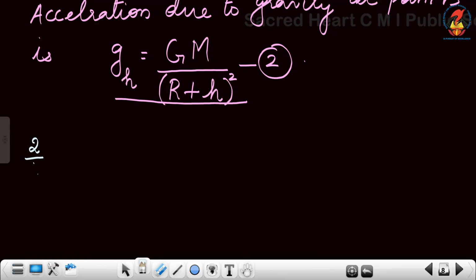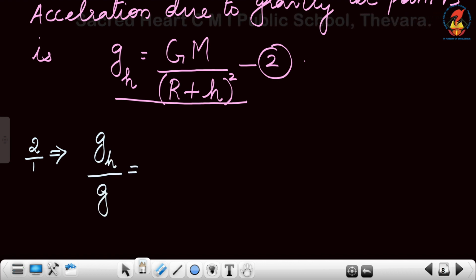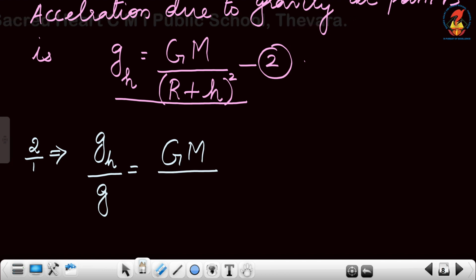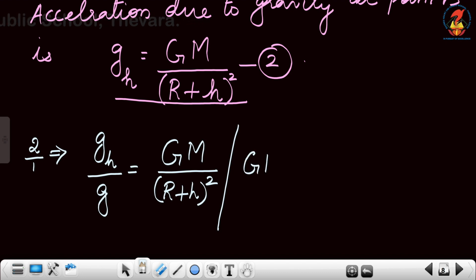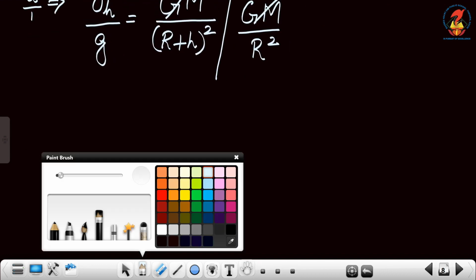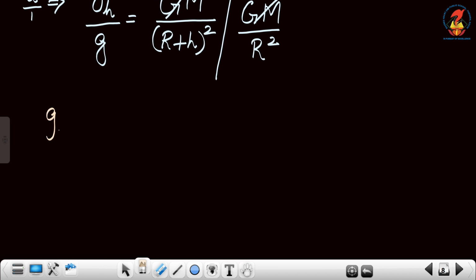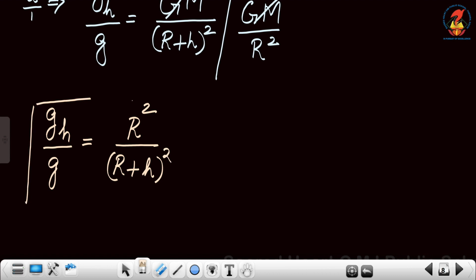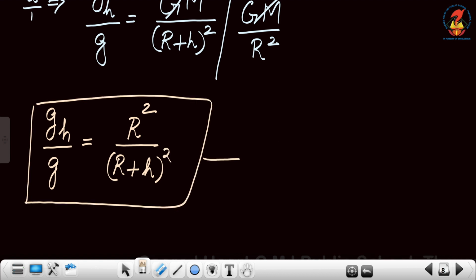So equation 2 by 1 gives g h by g is equal to G M divided by R plus h the whole square by G M divided by R square. So we get g h by g is equal to R square divided by R plus h the whole square. Put it in a box. This is equation 3.